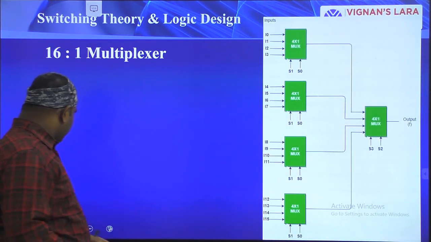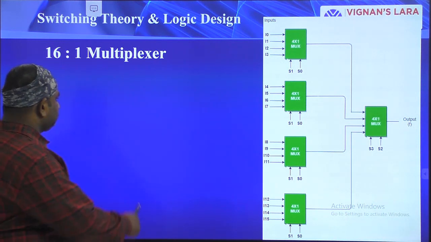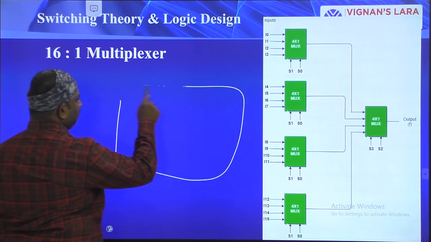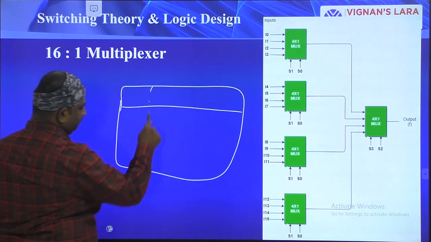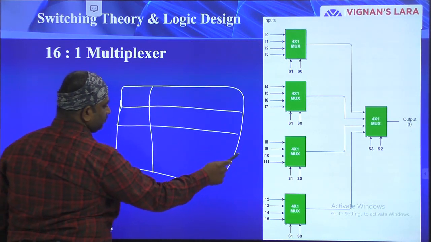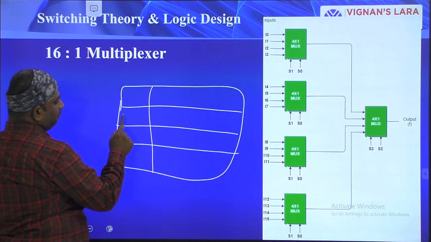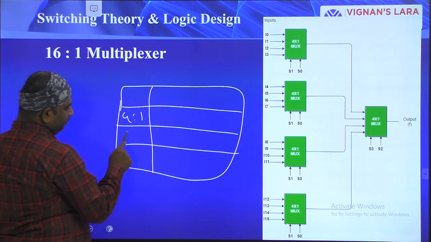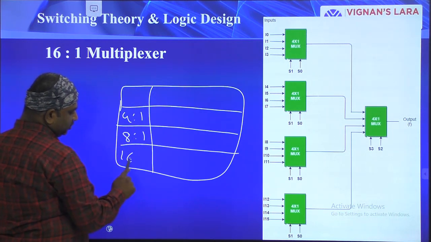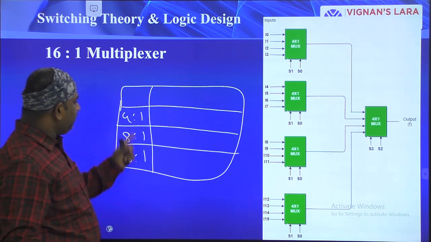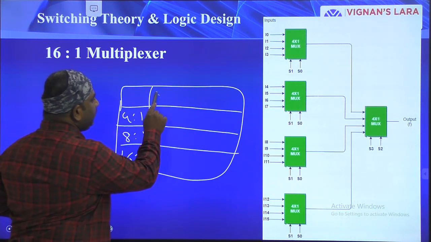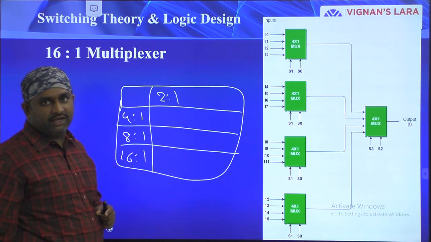Now I am giving a homework to you. 4:1, 8:1, 16:1. For implementing 4:1, how many 2:1 multiplexers are required?